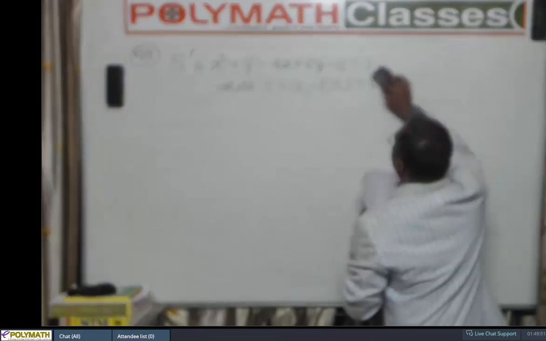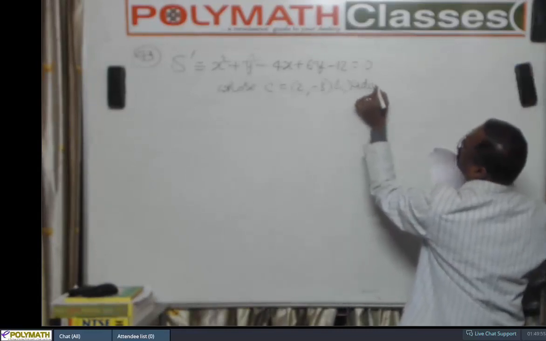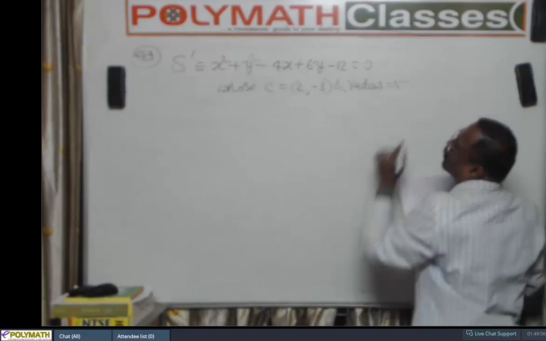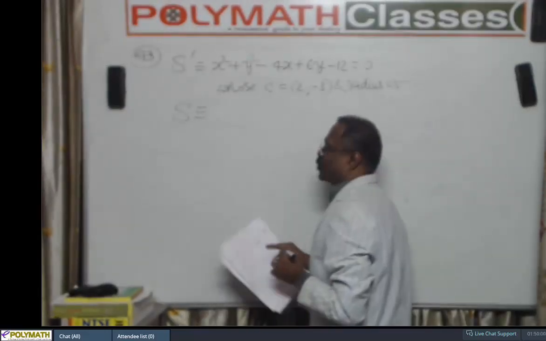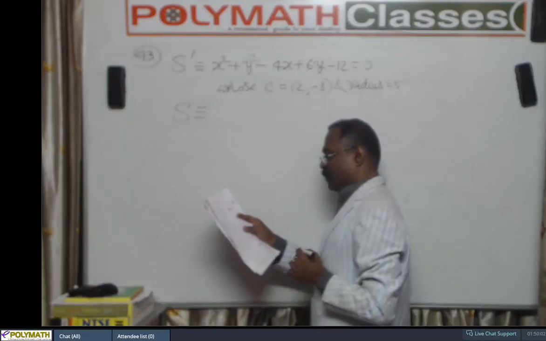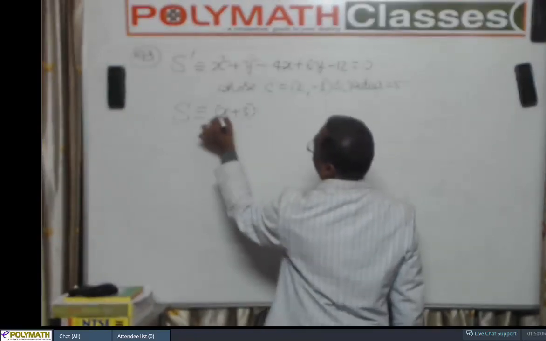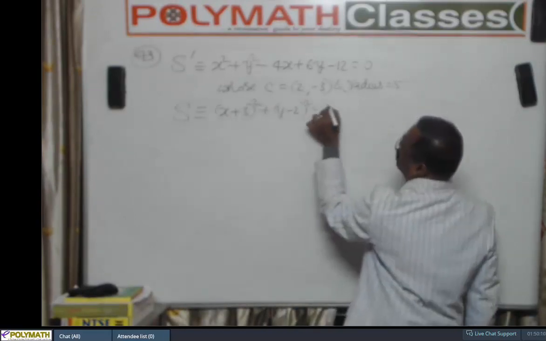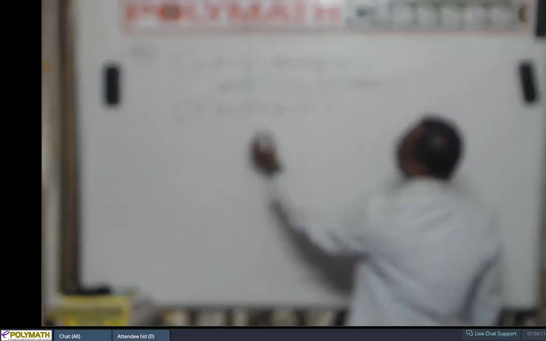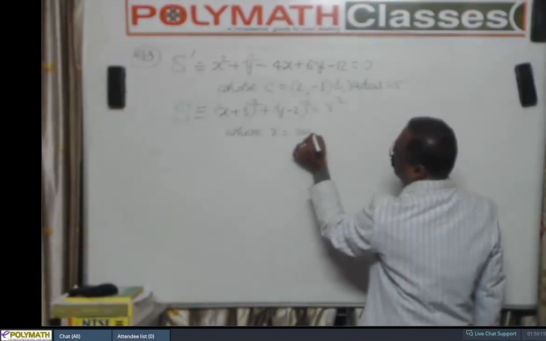Let me write this completely because we are going to take that as R. Now, radius is not given, but the center is given to be minus 3, 2. So the circle becomes (x plus 3) whole square plus (y minus 2) whole square is equal to R square, where R is the required radius.